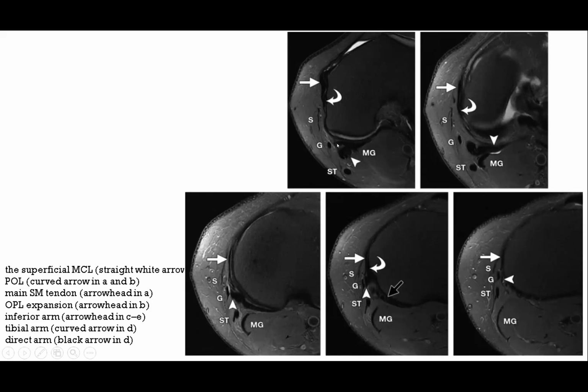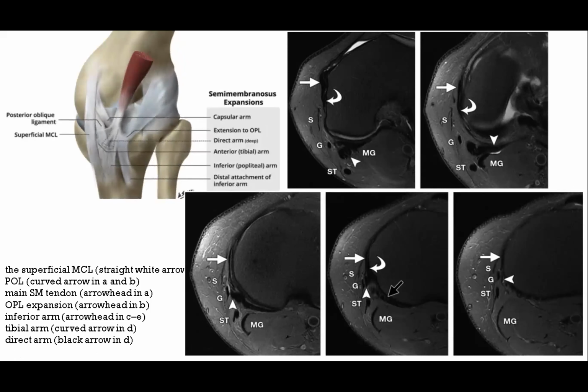And you can also see the main tendon of semimembranosus, vessel. This is sartorius, gracilis, and semitendinosus. So this is the lower section where the tendinous portion gives its expansion. This is the expansion to the oblique popliteal ligament.